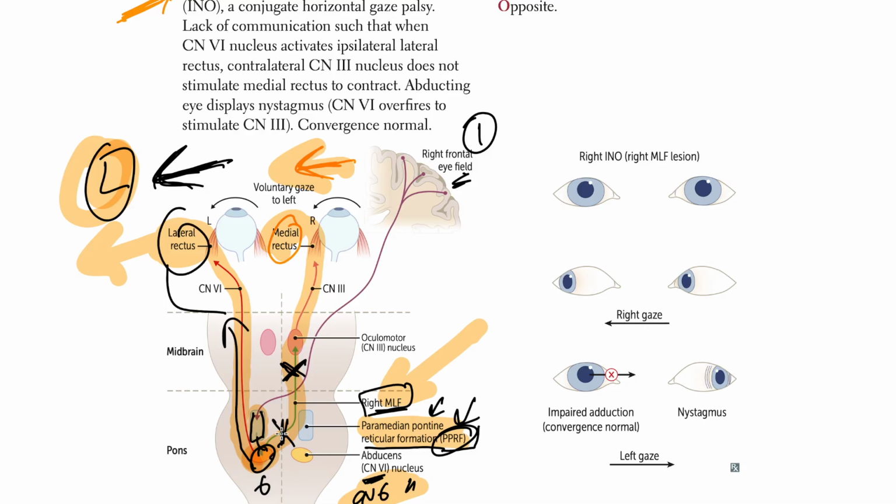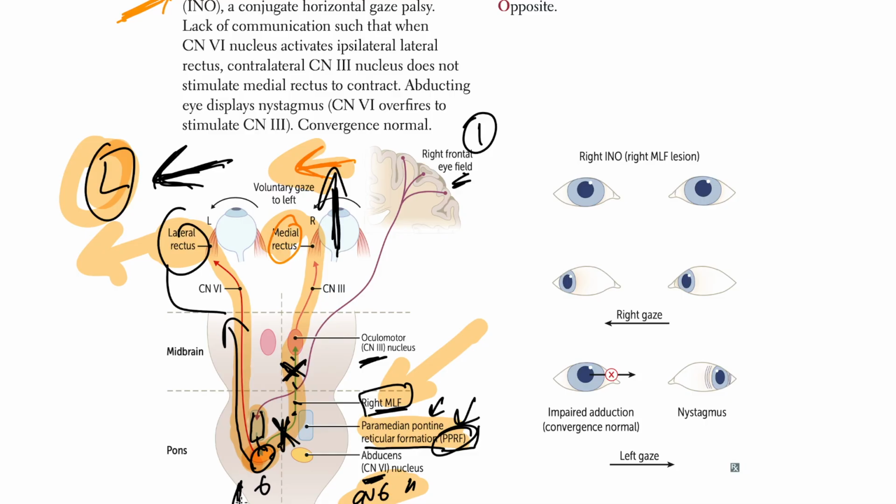But when it goes towards the other side, the nucleus of cranial nerve 3 that supplies the medial rectus, there is no connection. So the one eye, which is not getting a connection, is just going to look straight.